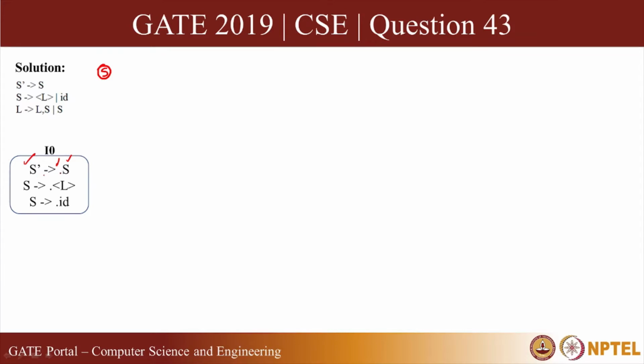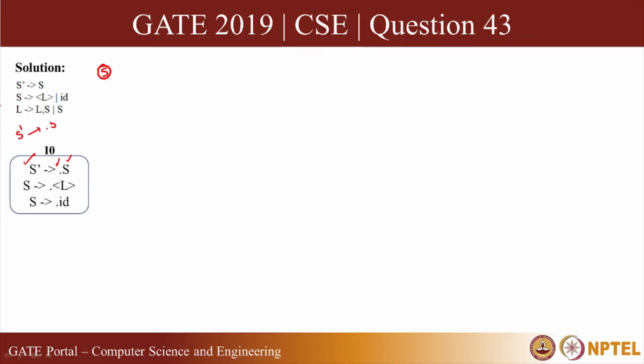Now the rule for closure is that if we have a dot before some non-terminal, here S bar goes to dot S and S is the non-terminal, then all the production rules starting from that specific non-terminal will come.